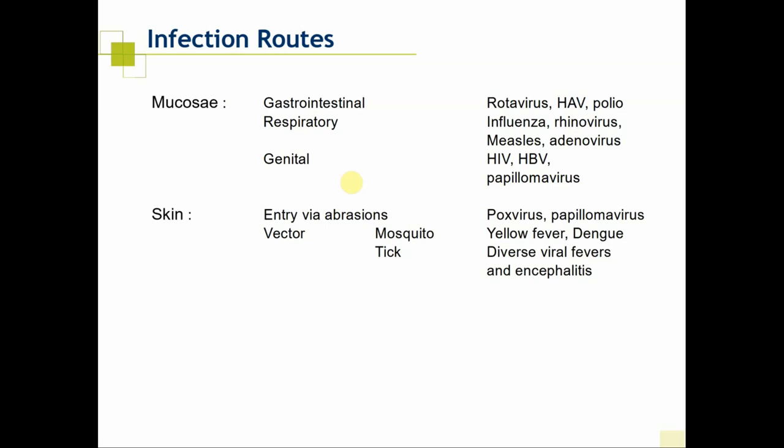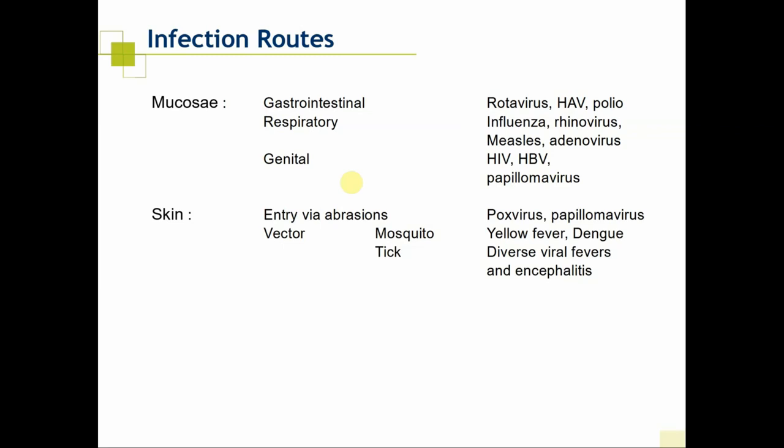Skin is not really a good site for infections for viruses, because on the outside of our skin, this is all dead cells, right? So if a virus arrives there, it can't infect a live cell. So most of the viruses that start their infection at the cutaneous site are transmitted by mosquitoes or ticks. These arthropods will bite you, and the virus is injected under the skin, and that's how they meet their first infected cells.